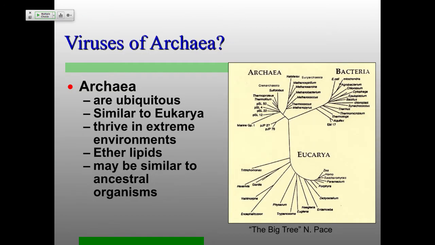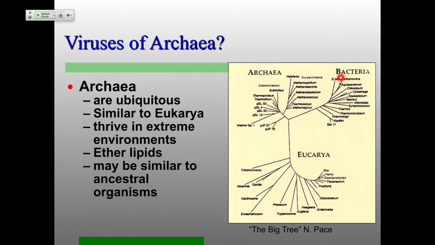Now, why should we care about viruses of archaea? Well, first, archaea are one of the three main cellular groups or domains of life that are present on our planet. So these are just a few of those archaeal microorganisms here.